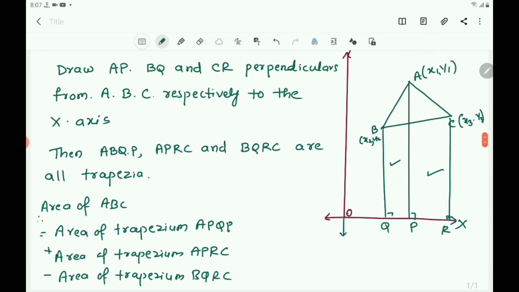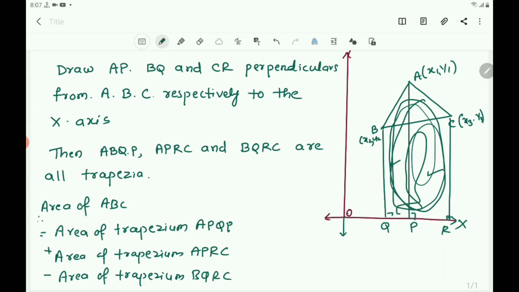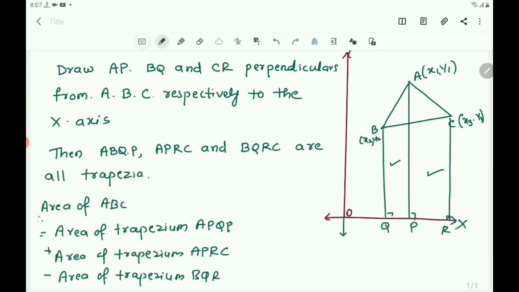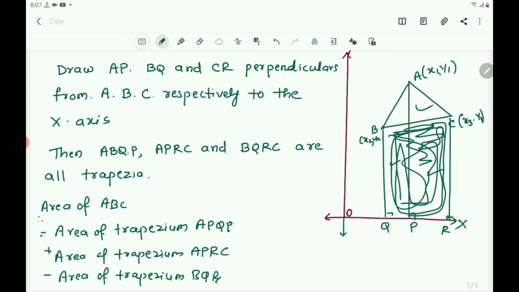Here the sum of the trapezia means you will get the total area, and from that total area, if you subtract the area of this trapezium BQRC, then you will get the area of this triangle.